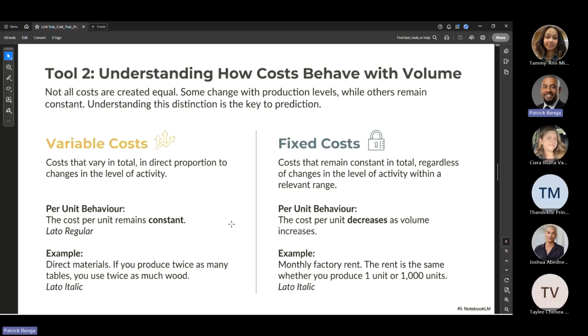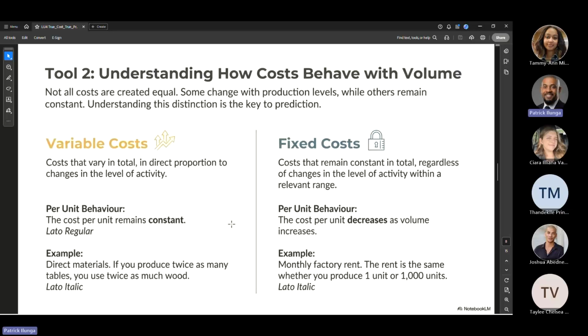But if we produced 5,000, 10,000 divided by 5,000 gives us what? 2. Do you see how it goes? So it seems like at the unit level, this cost is constant. At the unit level, it does not change. Does that make sense?